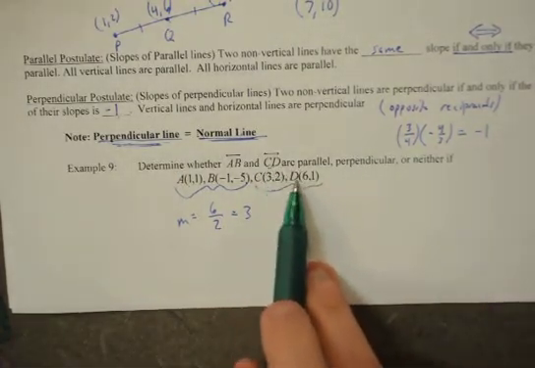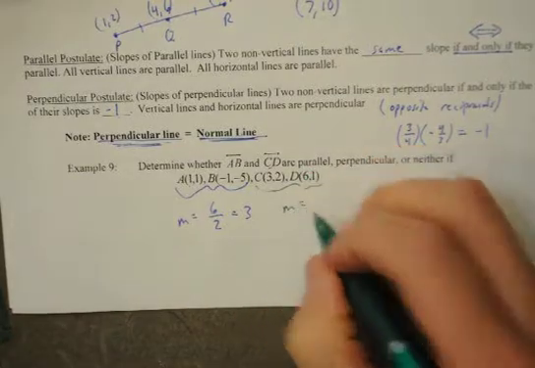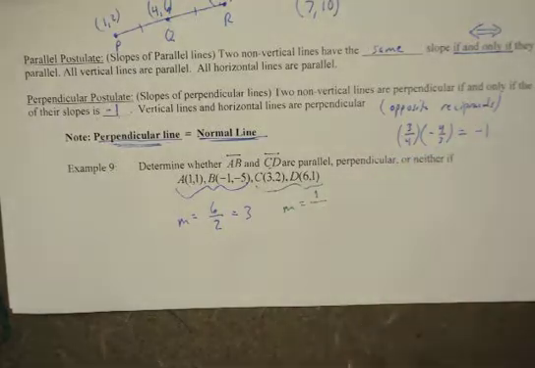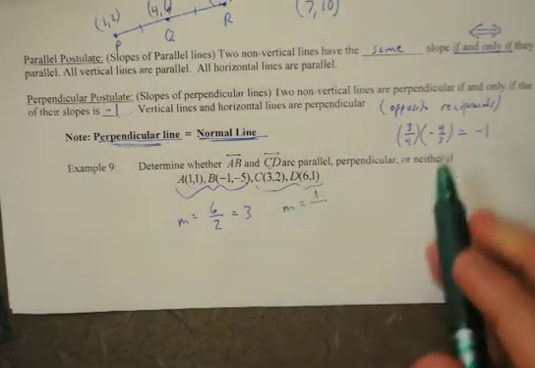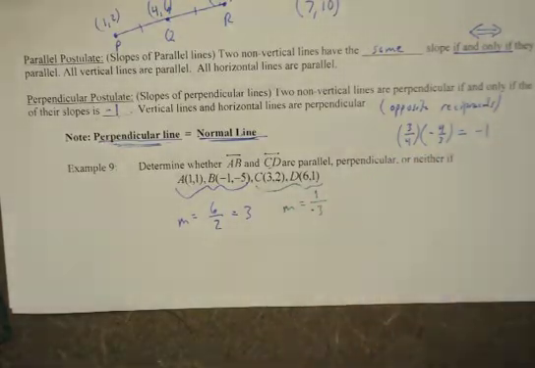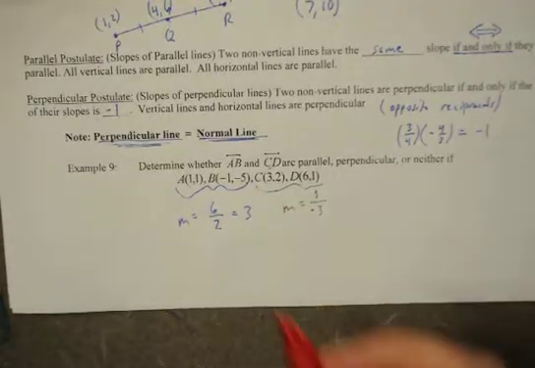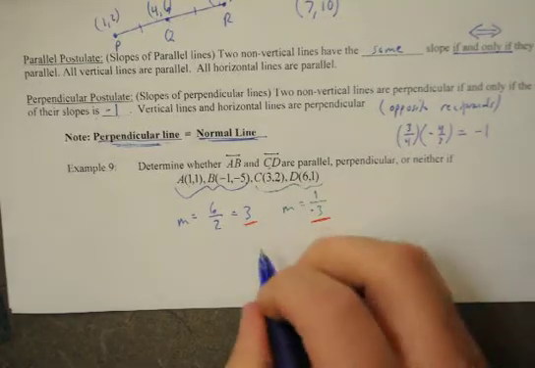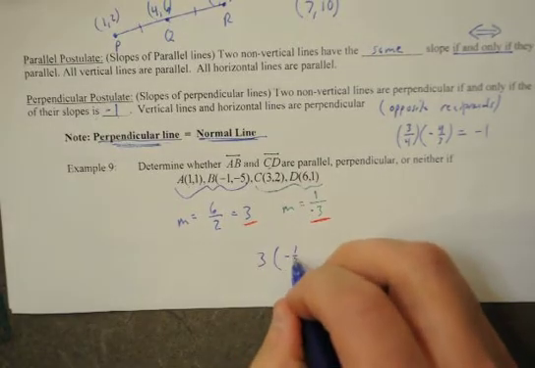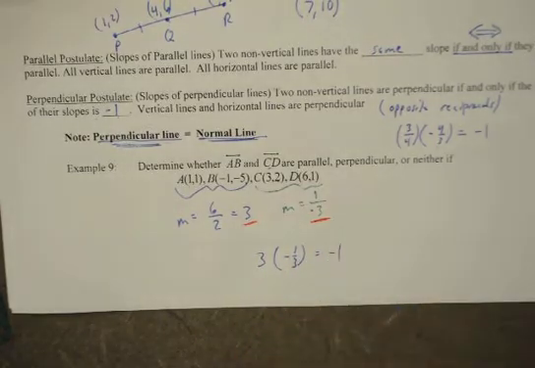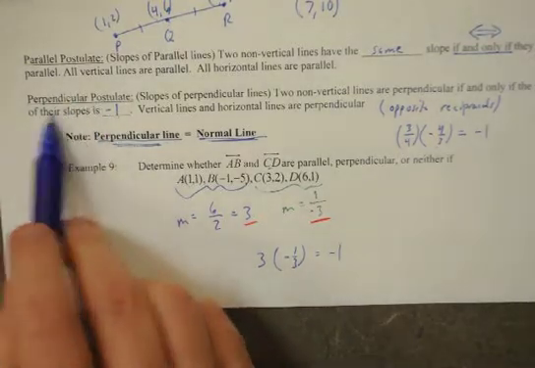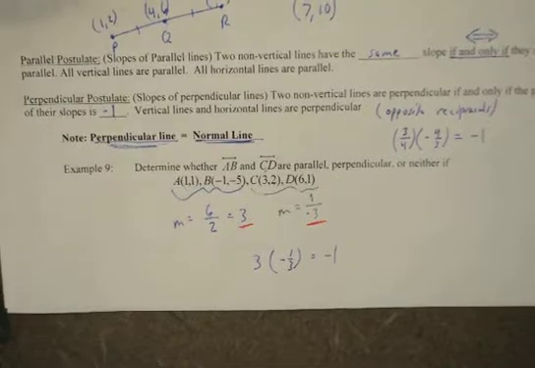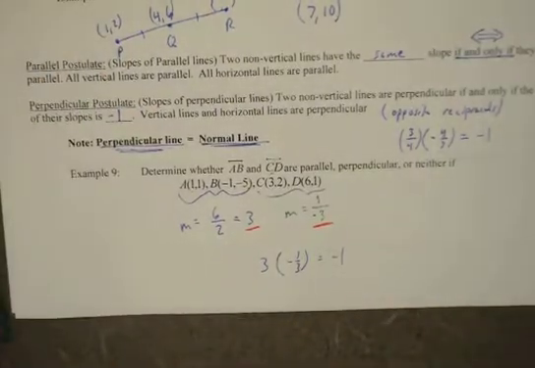For CD, we've got the slope of 2 minus 1 over 3 minus 6. So how do these two slopes compare? What is 3 times -1/3? -1. They are perpendicular. There's one way to say that. So these lines are perpendicular.